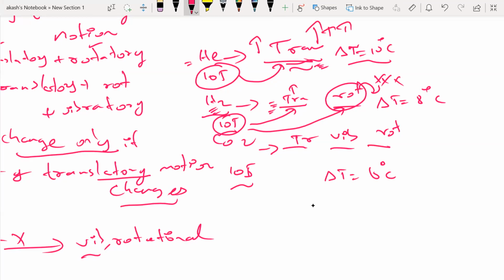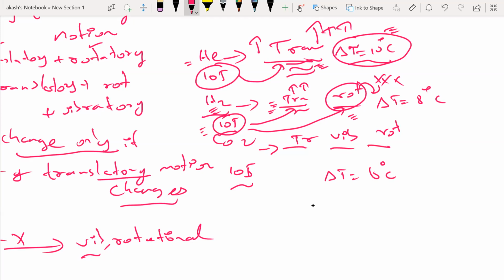In this case, it is going to be only a smaller increase in translatory motion because some amount of heat energy is given to rotational motion also. So that is the reason why you are seeing that the temperature rise is very high for helium, because the entire energy is used for increasing the translation motion.